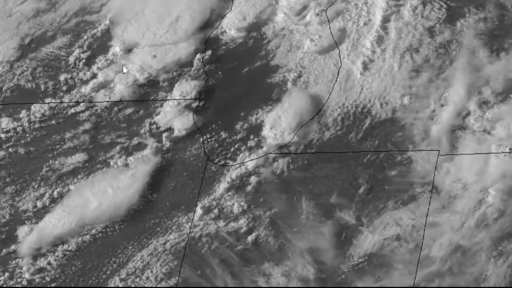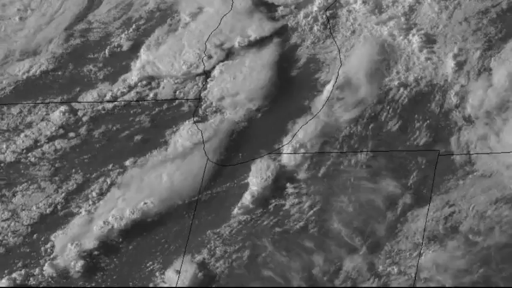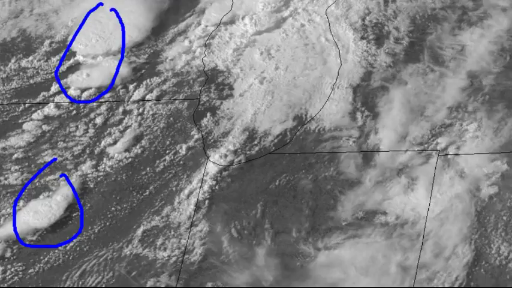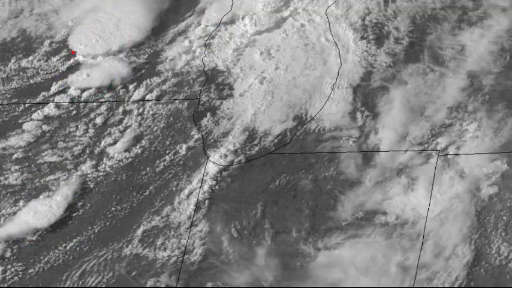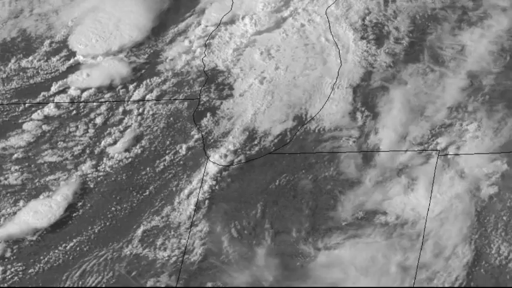So you can see initially these cells out there start out kind of discrete. If we run this back, you can only see 2 primary cells, maybe 3. There they are, and maybe some weaker cells up in the Milwaukee area. This is good imagery. You can even see the flanking line on these storms. Let me bring back my monitor here. Hang on a second.